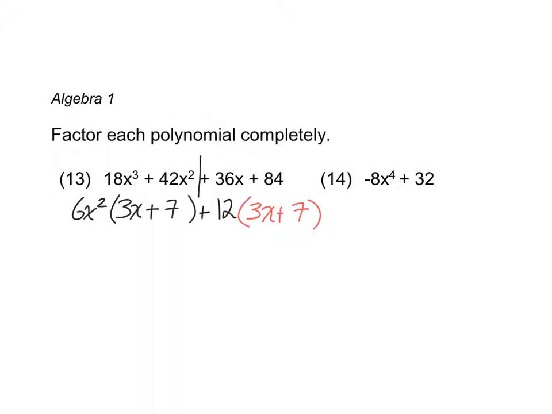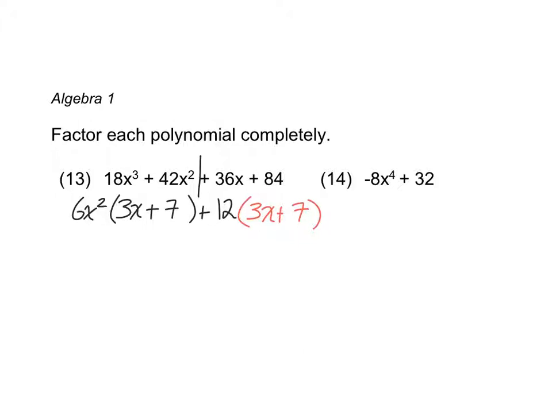I don't think you could ever get enough practice with factoring by grouping. Now that you're at this step, do you want to figure out the GCF, or do you want to let the factor itself tell you what the GCF is? All you have to do then is verify that you're going to get that 84 when you multiply through with the 12. Because we know the 12 times 3x is going to give you the 36.